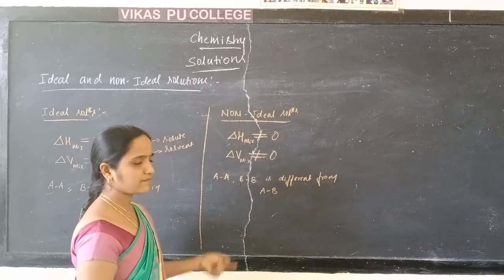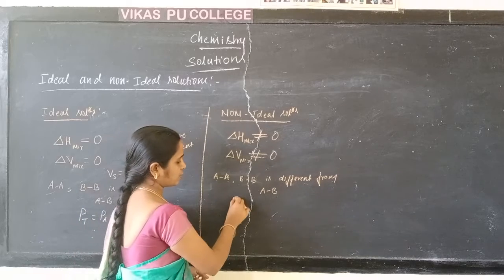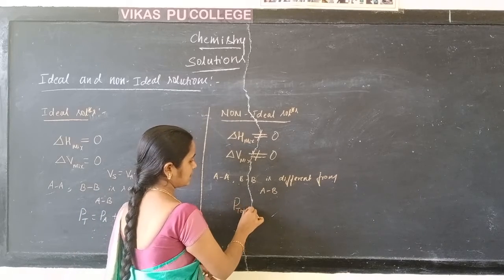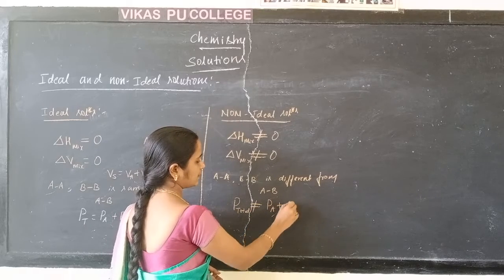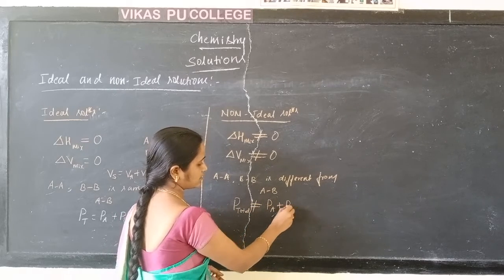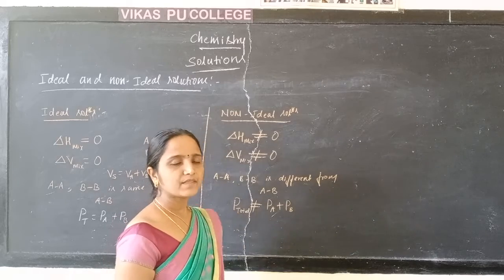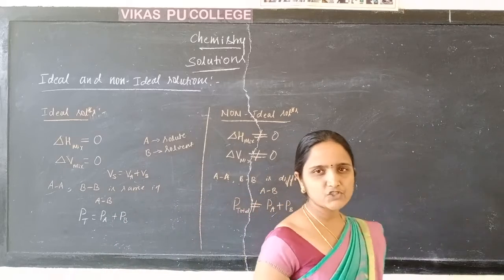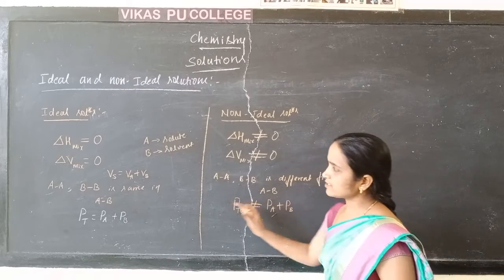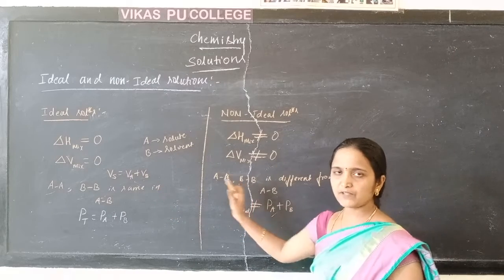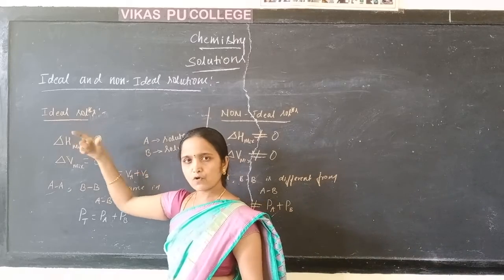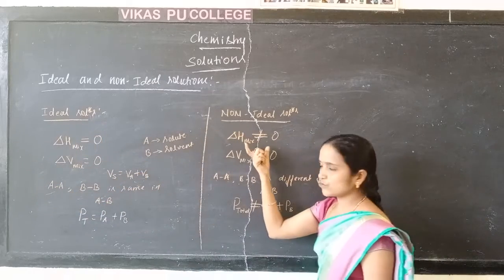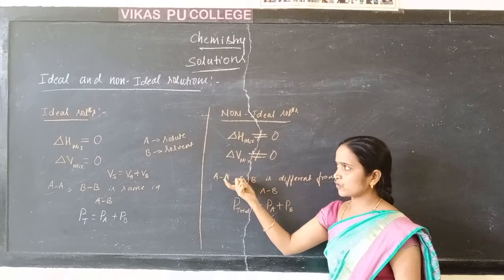Then the total pressure is not equal to the sum of the partial pressures of the solute and the solvent. This is about the characteristics of a non-ideal solution. It is the reverse of the ideal. The ideal solution obeys Raoult's law; the non-ideal solution does not obey Raoult's law.